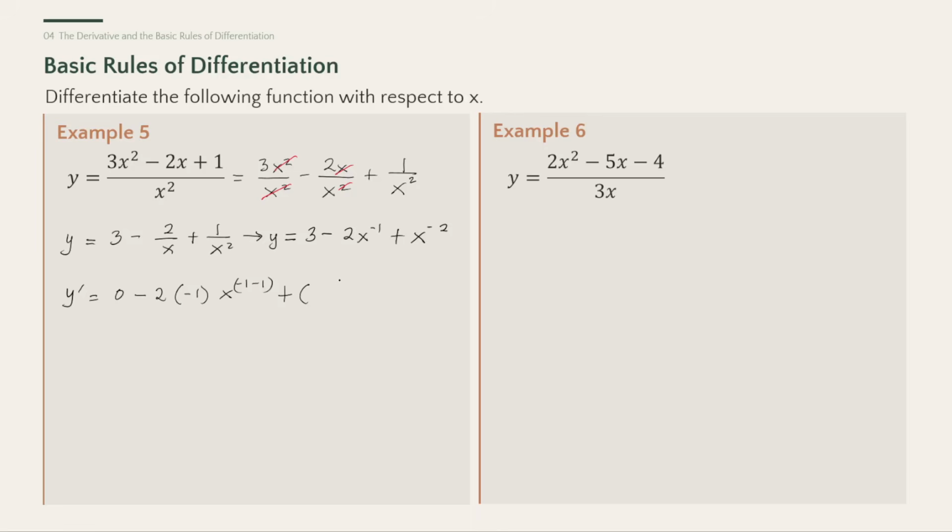Then this one is negative 2, then x raised to negative 2 minus 1. Therefore, negative times negative becomes positive 2. X raised to negative 1 minus 1 is negative 2. Then this is negative again. X raised to negative 2 minus 1 is negative 3. Therefore, we have y prime is equal to 2 over x squared minus 2 over x cubed.